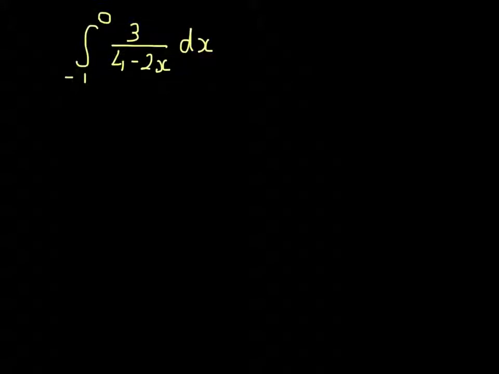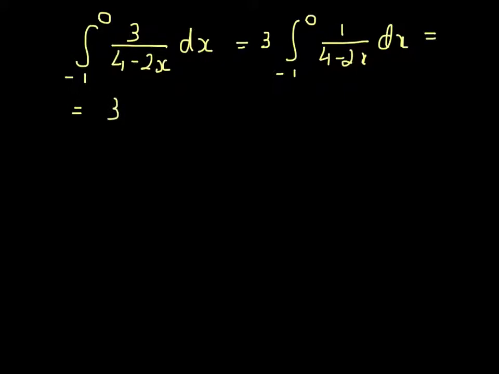What is the integral from negative 1 to 0 of 3 over 4 minus 2x dx? First, I focus on the indefinite integral, and remember, this is an anti-chain rule, let's call it. So it's 3 integral from minus 1 to 0 of 1 over 4 minus 2x dx.